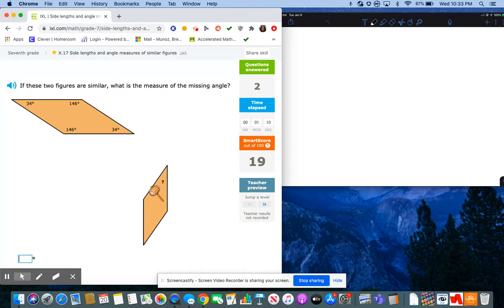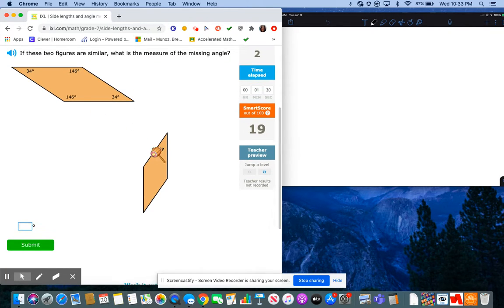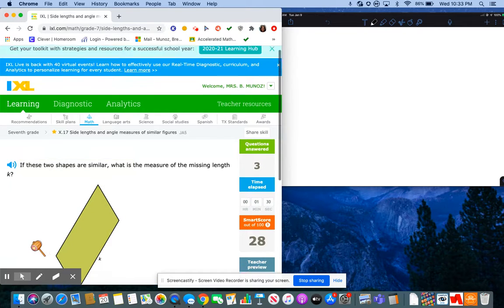These are obtuse, and this is acute. On this similar figure, the acute angle is 34, and 146 is the obtuse. So the corresponding angle to this missing one is 34. Then we submit, bam, right there.